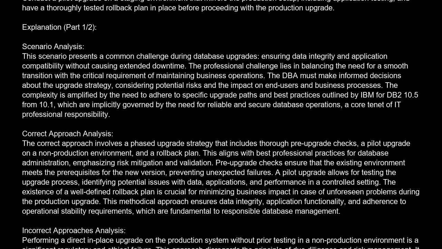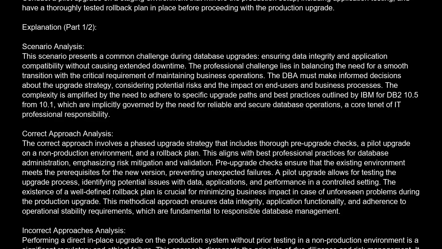Explanation. Scenario analysis. This scenario presents a common challenge during database upgrades, ensuring data integrity and application compatibility without causing extended downtime. The professional challenge lies in balancing the need for a smooth transition with the critical requirement of maintaining business operations.